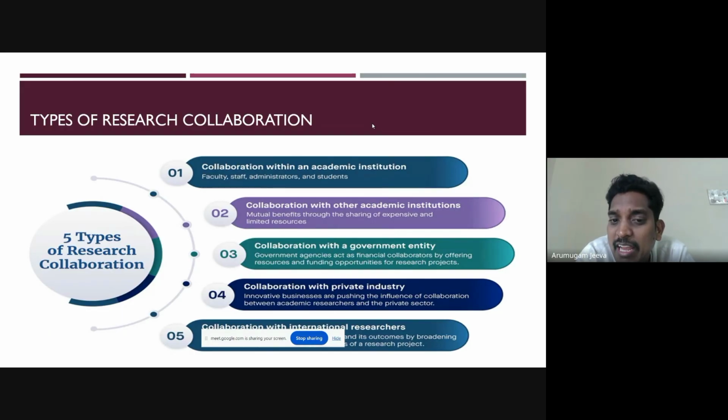That helps to create more publications within the institution. Then there is collaboration with other academic institutions. SRC may collaborate with other academic institutions like NIT and Bardhaman University, and with other known research institutions like CSIR. So what happens?